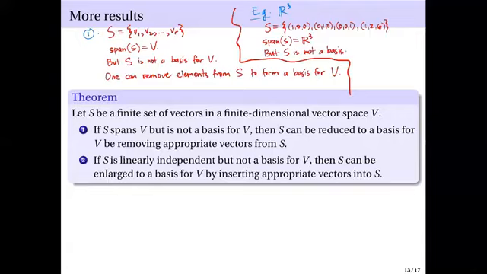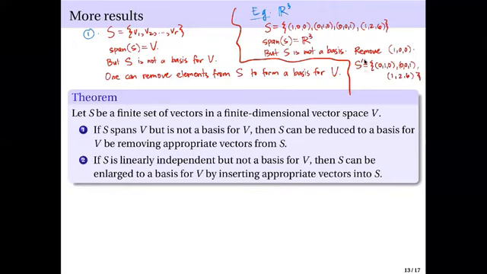Okay? So we remove one element from S. Now, let's say we remove the element 1, 0, 0. The new S, let me write this as S prime. Here you have 0, 1, 0, 0, 0, 1, and then the third element is 1, 2, 6.